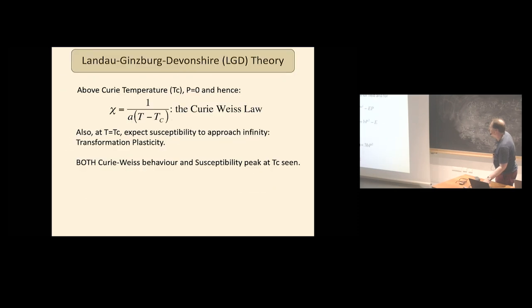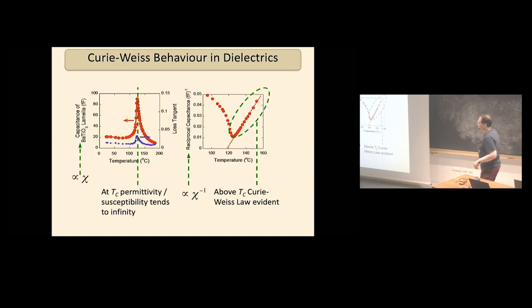This is a measurement done in our lab for barium titanate, ironically. Tc is about 120. And you can see here that this linear decreasing function as you go towards Tc from above is entirely commensurate with this reciprocal susceptibility prediction.